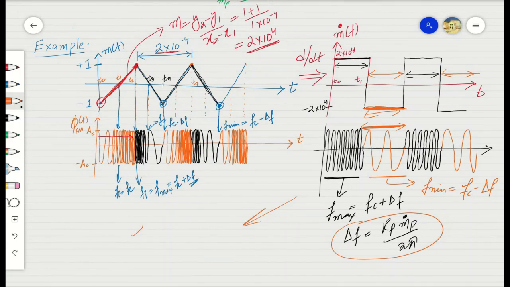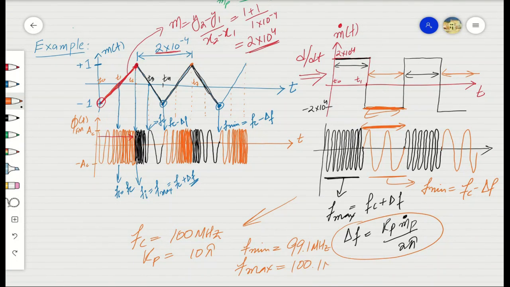For the same example where we considered fc as 100 megahertz, and if the constant kp is set equal to 10 pi, then f max and f min can be calculated as 100.1 megahertz for f max and 99.9 megahertz for f min.